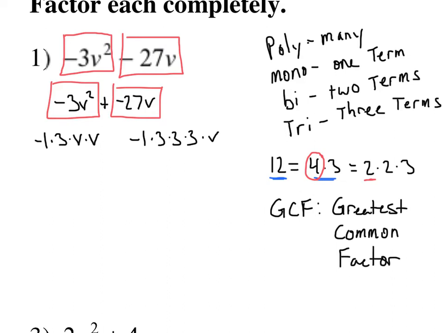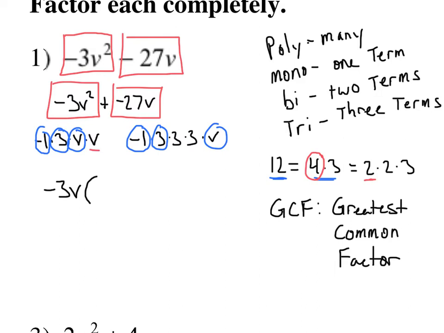So to find the greatest common factor, I go through and look at these 2 groups and say, well, what's the same? I've got a negative 1 in both groups. I've got a 3 in both groups. I've got a v in both groups. And so my greatest common factor is those things multiplied together. Negative 1 times 3 times v. Negative 3v. Because I'm taking a negative 3v out of both groups. Then, in parentheses, what's left behind?